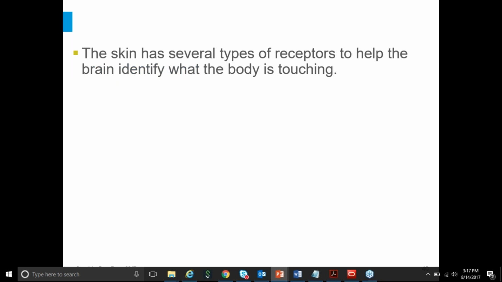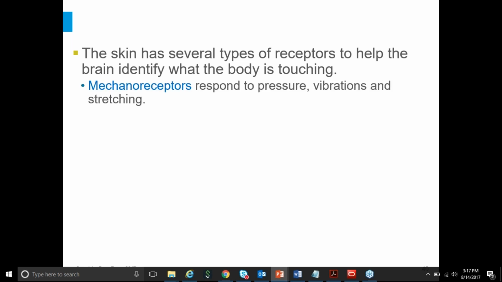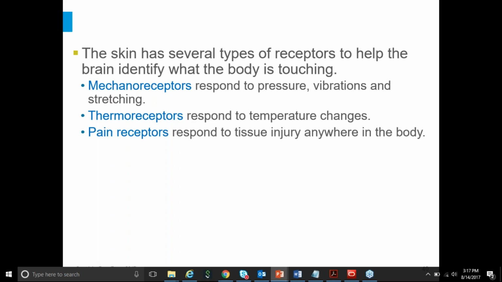The skin has several types of receptors to help the brain identify what the body is touching. So we've got mechanoreceptors, which respond to pressure, vibrations, and stretching. Thermoreceptors respond to temperature changes. Pain receptors respond to tissue injury anywhere in the body.